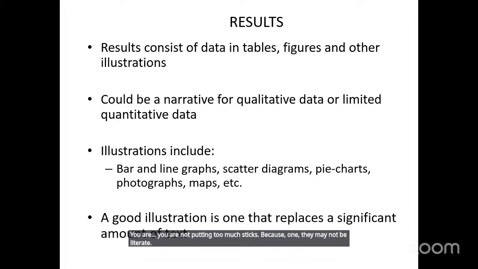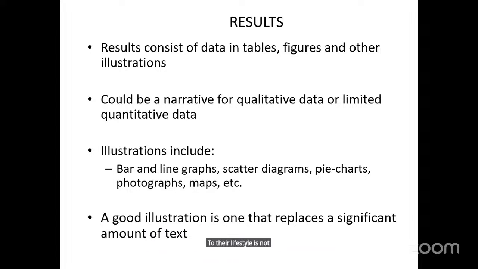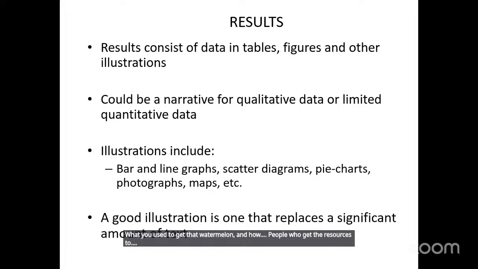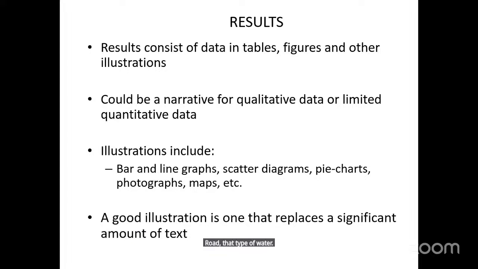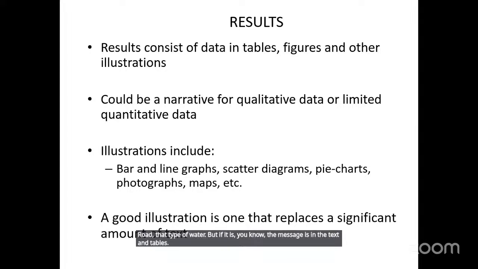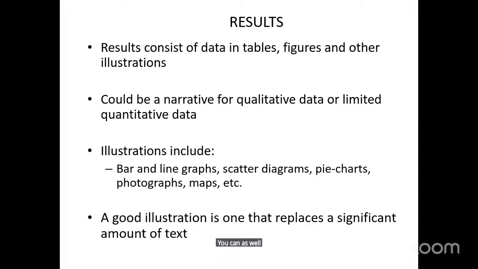Two, their lifestyle is not about reading. But when the farmer sees this large watermelon, he will be attracted to find out what you used to get that watermelon and how he could get the resources to grow that type of watermelon. But if the message is in the text and tables, you can as well forget. You are not communicating.